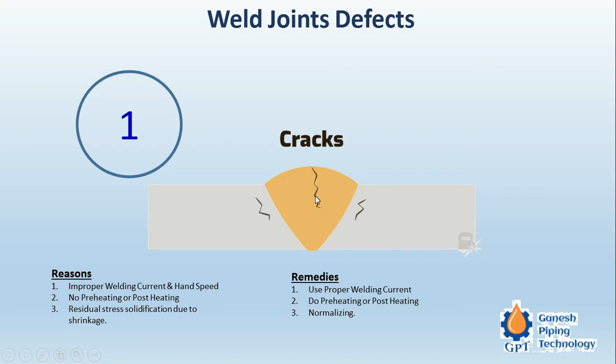Here we can see it like this. So to avoid that, we require post welding heating. That means after welding, we heat so that the solidification is gradual, and since it is gradual, there will be no more cracks.